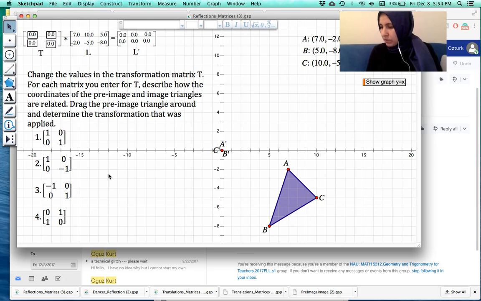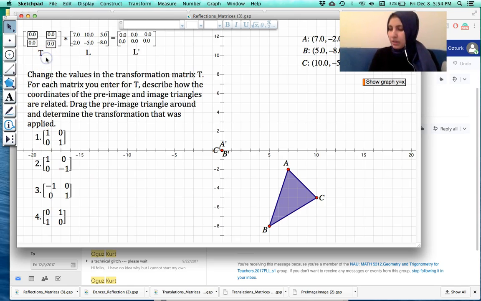Consider different values of the transformation matrix T shown in items A to D below. Describe the effect of multiplying each of these matrices by the matrix containing the coordinates of the points. Drag a point and determine the transformation that was applied.